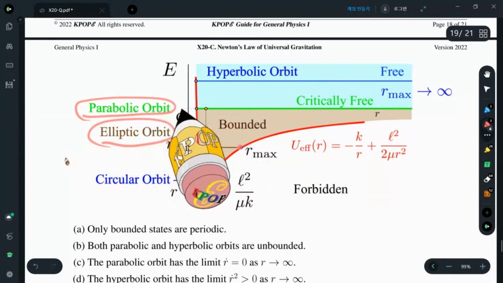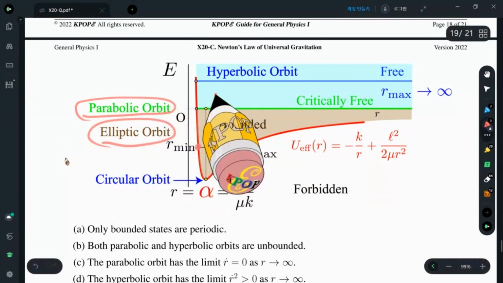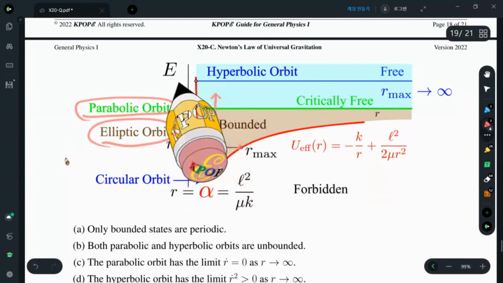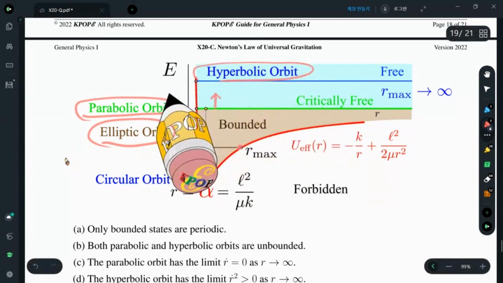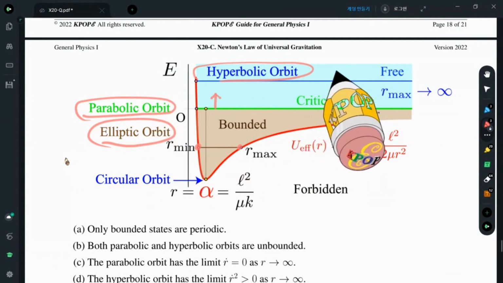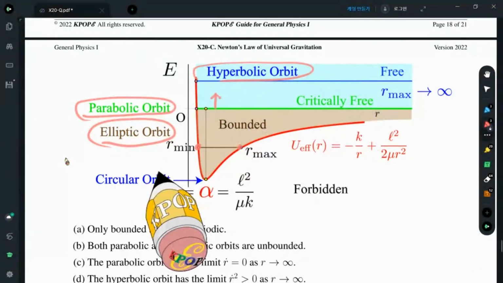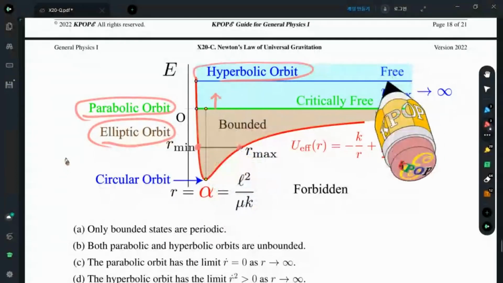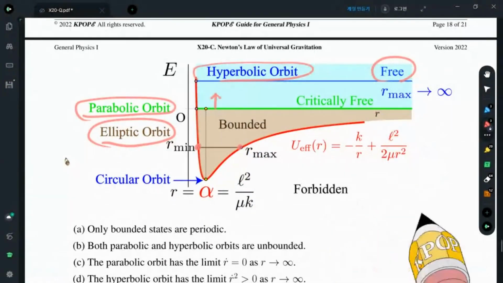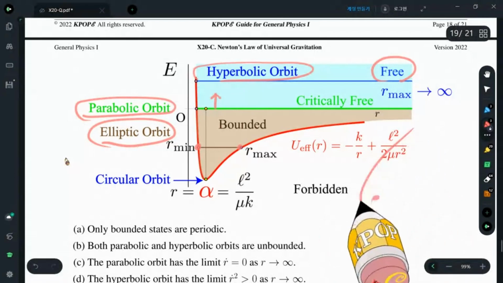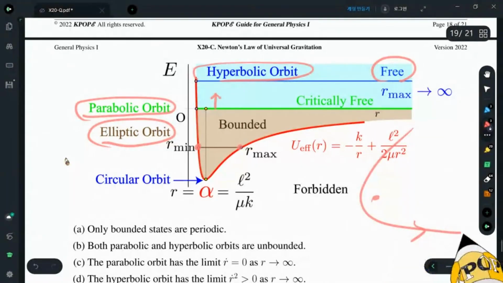And if you add additional energy, then the orbit becomes hyperbolic. This hyperbolic orbit doesn't return to the same point again. It never returns. So this is a free orbit. It goes away and never returns.